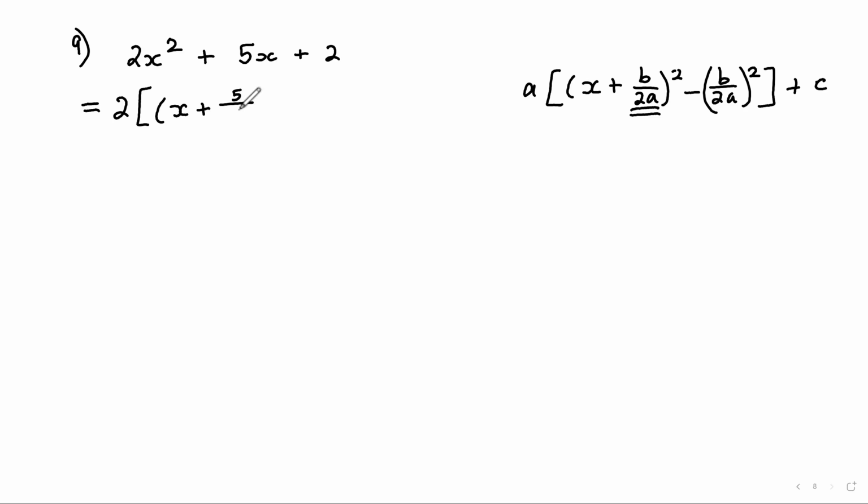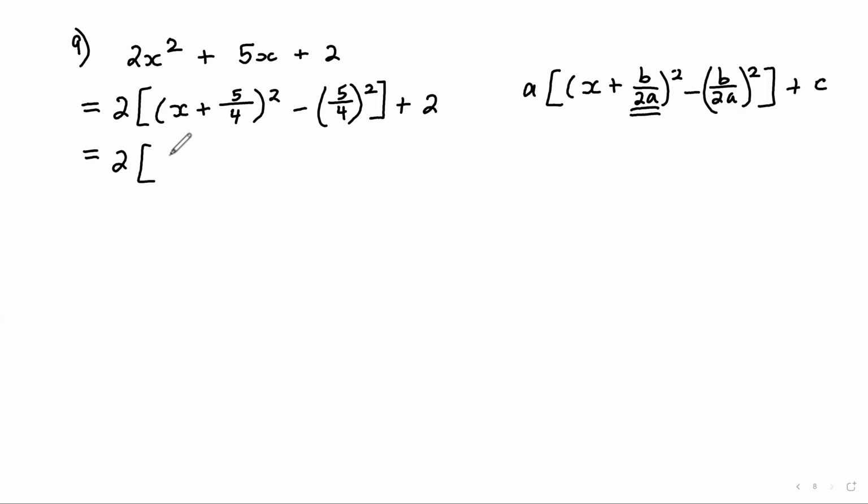So it'd be 5 over 4, right? And then I minus what? 5 over 4, another bracket, and squared. And all of that plus c. Well, not c, because we know what c is. What's c in this case? 2. Good. And now we simplify.